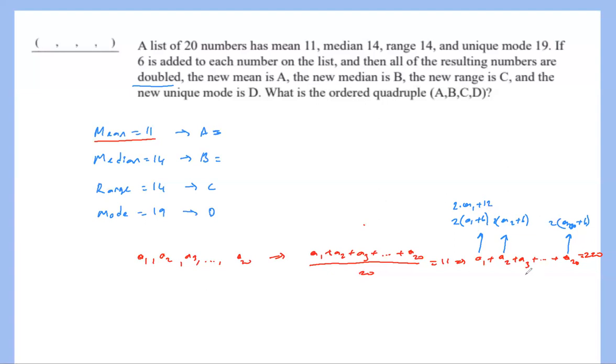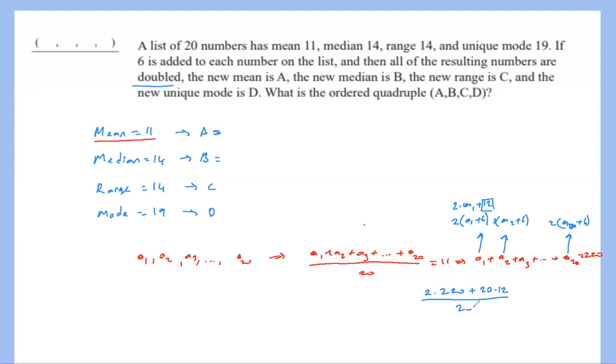So if that's the case, the sum of these numbers will be doubled, which is we had 220, so you double this number, giving us 2 times as much. But we are going to add 12 to each number as well. So we have 20 of these numbers, so that should be increased by 12. And this is going to be the sum of the new numbers.